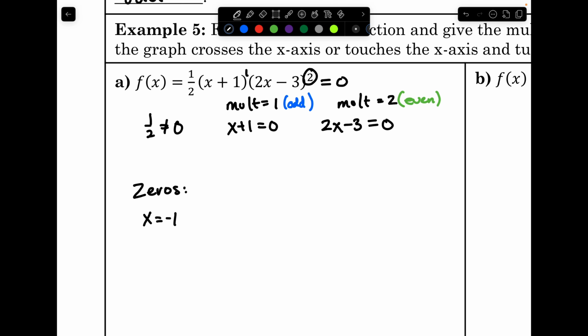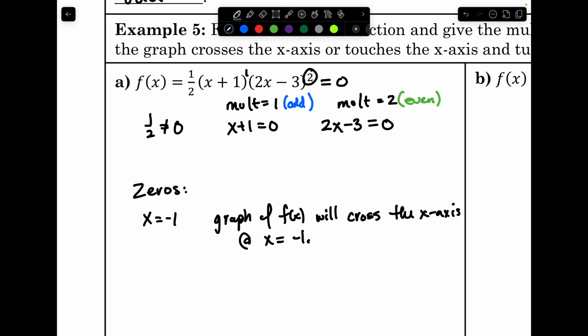Well, since the multiplicity is 1, an odd number, that means that the graph of f of x will cross the x-axis at this 0. So that is the effect of it. And that again has to do with that number being an odd number.